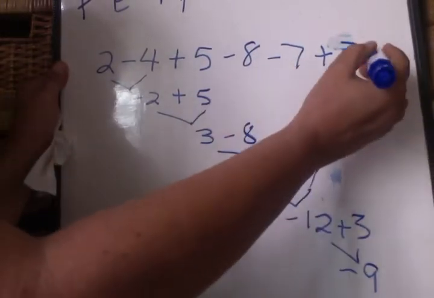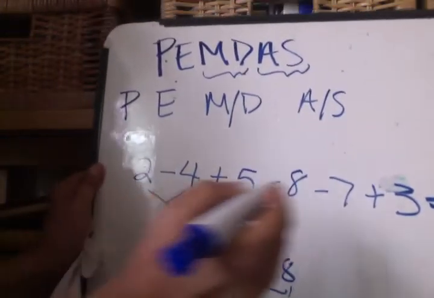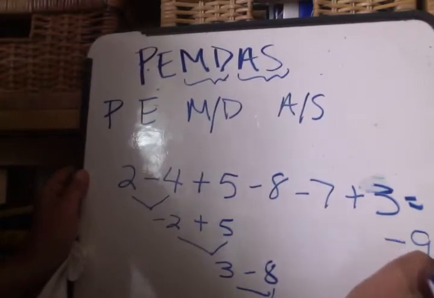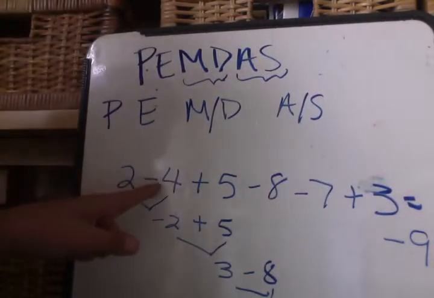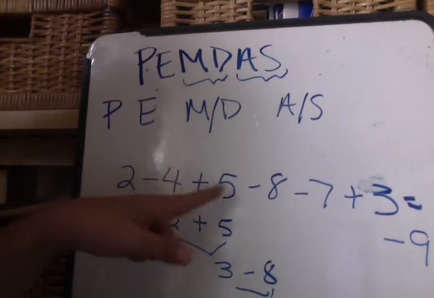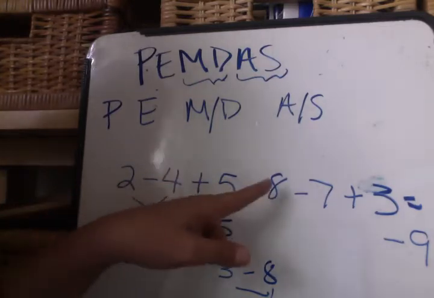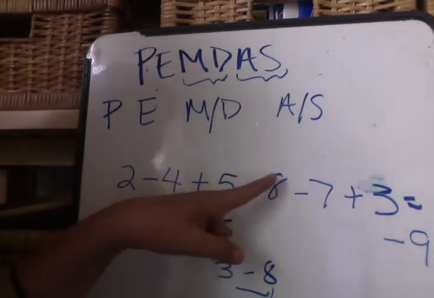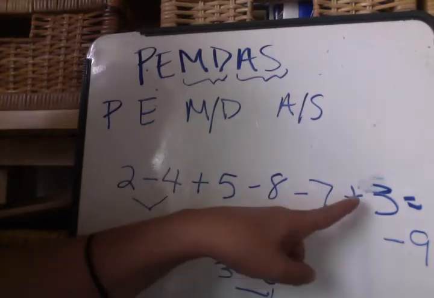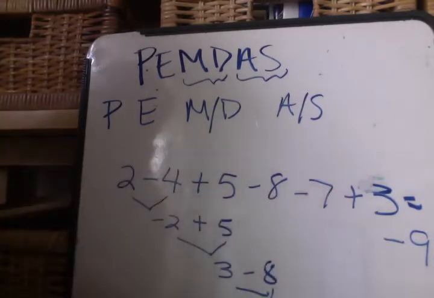So my answer to this would be negative 9. Again, it would be 2 minus 4, which is negative 2, plus 5 is positive 3, minus 8, negative 5, minus 7, negative 12, plus 3 is negative 9.